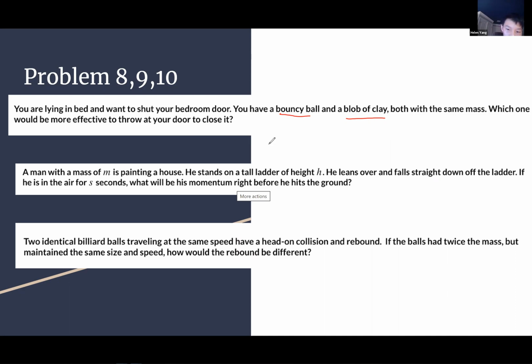So for the bouncy ball, if you throw it, it could be M1 times V1, and the door, initially, could be static, so the momentum will be 0, so it's going to be plus 0, and then it's going to be M1 V2 plus M2 V3.